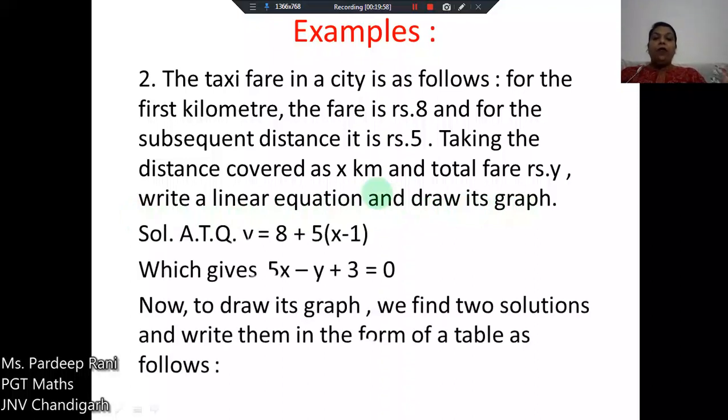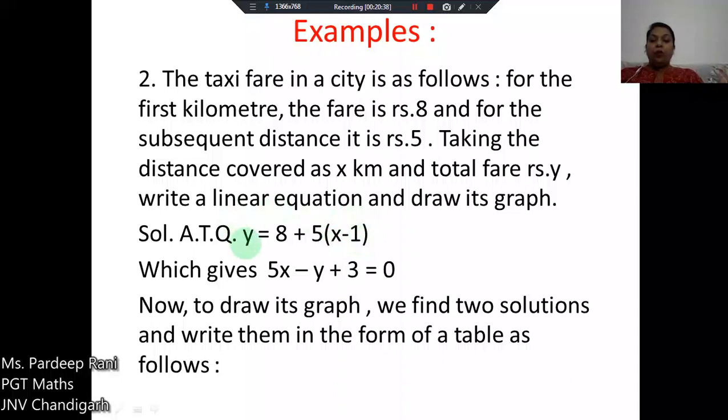Dear students, we are given total distance covered is x kilometer, and out of them the first kilometer costs us rupees 8, which means we have to cover a distance of x minus 1 kilometer with a fare of rupees 5. Now, to make it in the form of a linear equation, we pay 8 rupees for 1 kilometer and 5 rupees each for the rest of the x minus 1 kilometers.